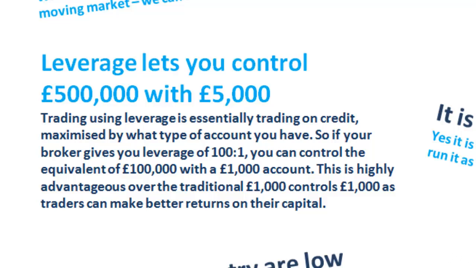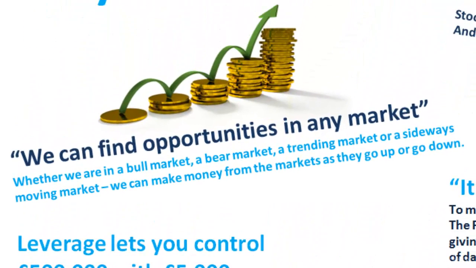What happens is the broker gives you the leverage of 100 to 1 so that you can essentially control the equivalent of 100,000 with a £1,000 trading account. And this is extremely advantageous because it means you can make more money from less.